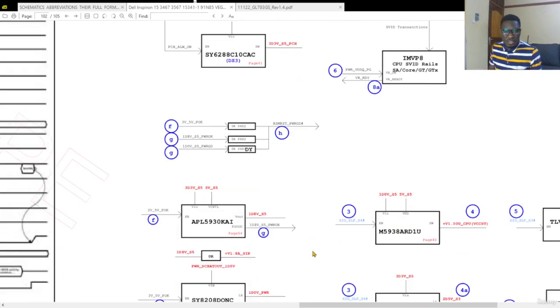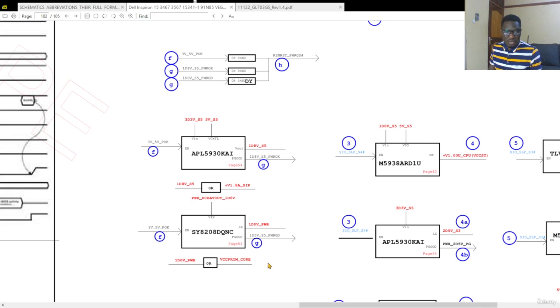After G is up, you can see here that this same signal called F comes on two chips. It comes onto this one and also onto this one. So this one gives out 1.0 volts.